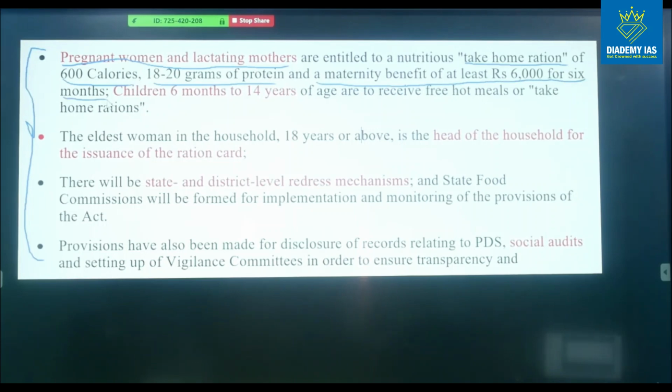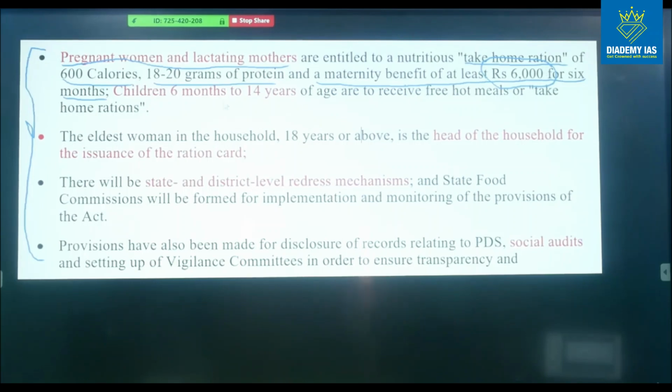So they will get protein, 600 calories, and an amount of 6,000 rupees will also be paid for the initial period of 6 months, like 3 months before delivery and 3 months after delivery. This is the extra benefit which is available under this act.